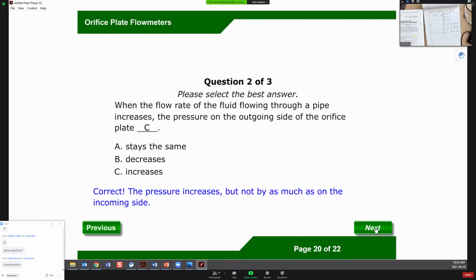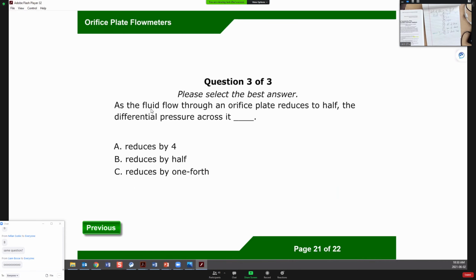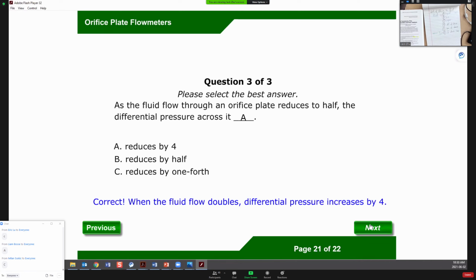It's okay. Flow through the orifice reduced to half, the differential pressure across is reduced by 4, because it's to the square of that. So if you take the square root of 4, it gives you 2.